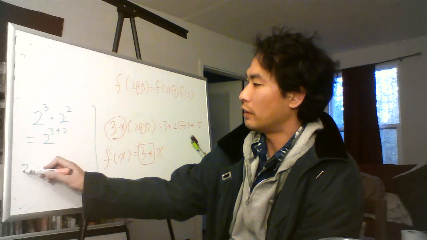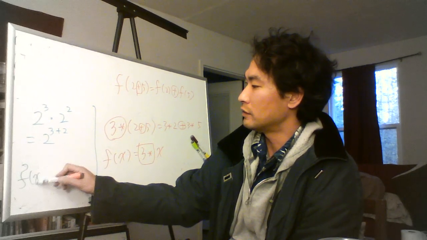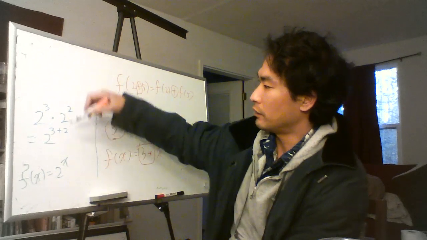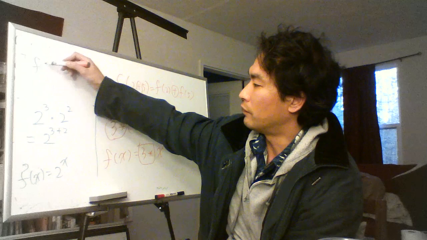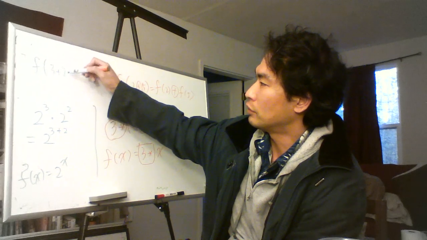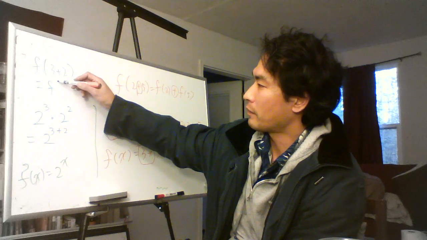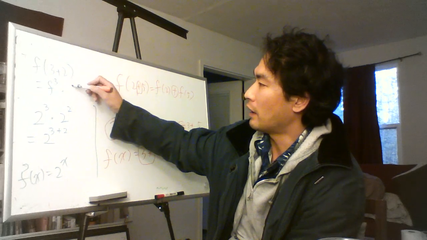Because let's say f of x is equal to 2 to the x, okay? Then you have f of 3 plus 2 becoming f of 3 multiplied by f of 2.